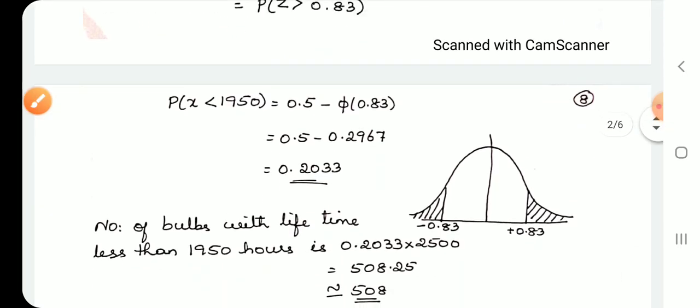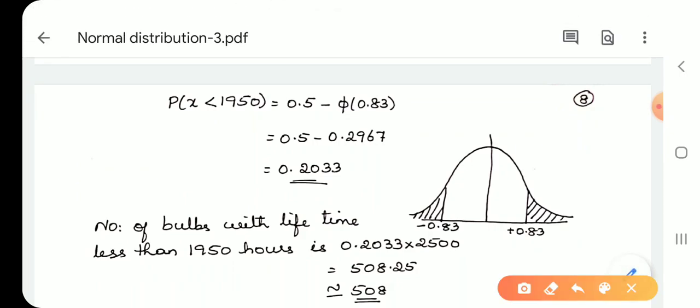If I represent this problem graphically, we get a bell curve where I have represented the negative value minus 0.83. Z less than minus 0.83 means it represents the values to the left of minus 0.83. If I draw the exactly symmetrical part on the positive side, I get 0.83, and we have to shade the points which are on the right of 0.83.